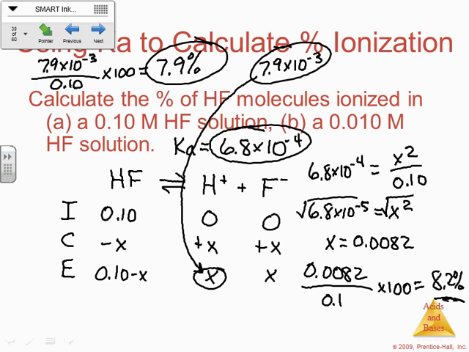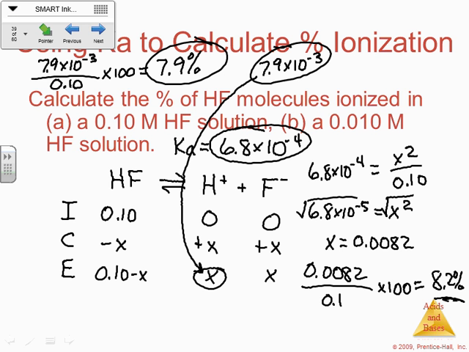And then you do the same thing for the 0.010. I'm not going to work all the way through that one. But let me ask you this question. Could you use the simplifying assumption on that one? That one might end up being even worse than the first one, right?